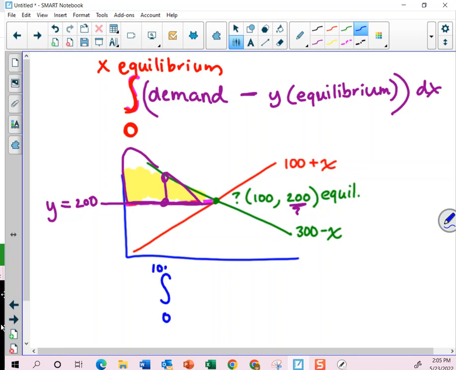So in this problem, we would be integrating 0 to 100 of our demand function, 300 minus x minus 200, dx. That would be my calculation.